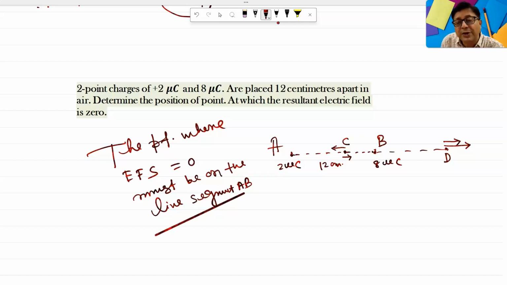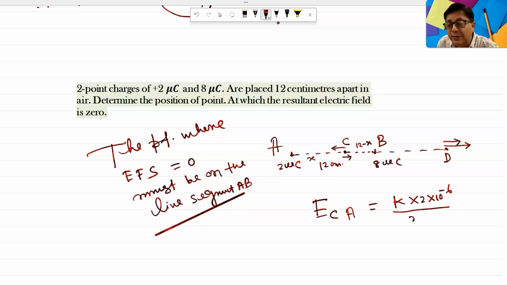So let the distance for which the electric field strength is 0 be x. So this part, BC, is going to be 12 minus x. Now find the electric field at C due to the charge at A. It is K into 2 into 10 to the power minus 6 divided by x square. I am keeping units accordingly, no problem.